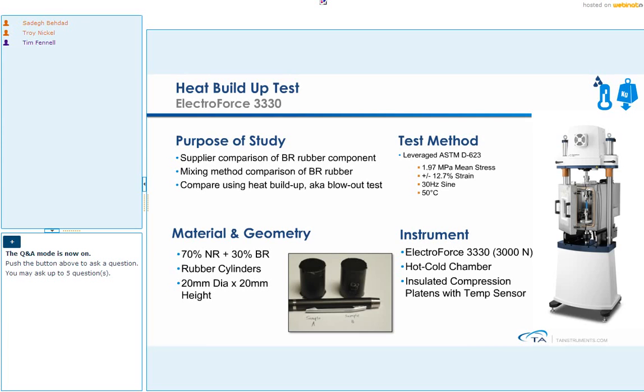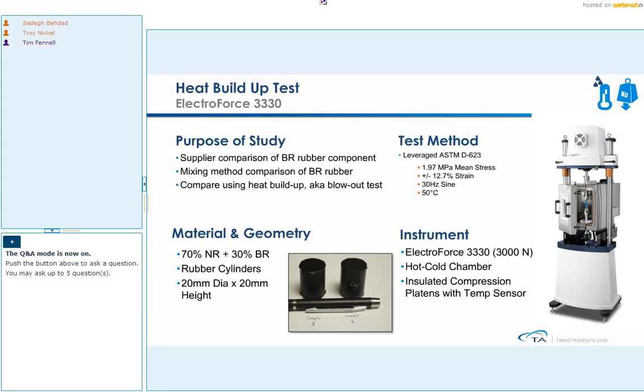The mean stress that was applied to the samples was around 2 megapascals. As you can see, this is a very high strain test. In a lot of DMA tests, you would test your samples in the linear viscoelastic region, but in the actual application, a lot of times the rubber is not used inside the LVR.